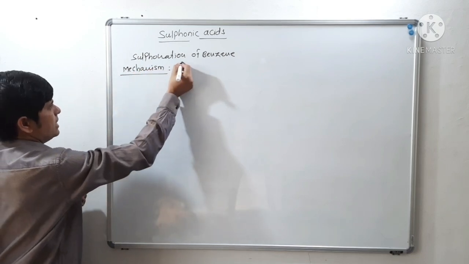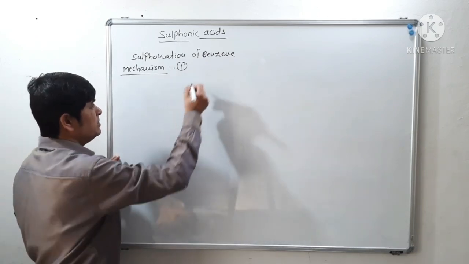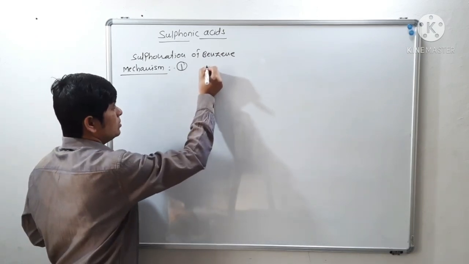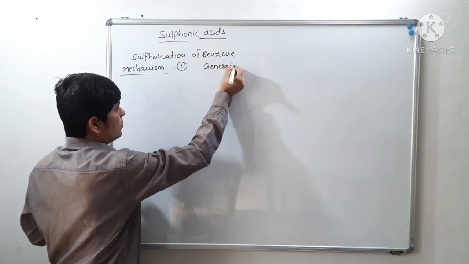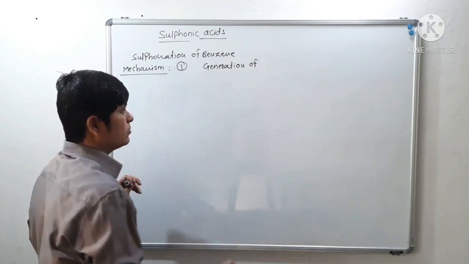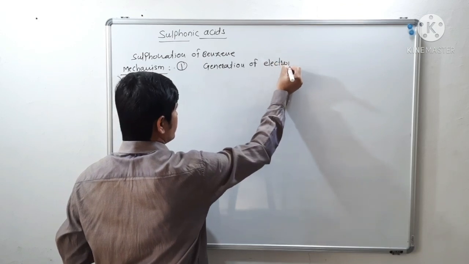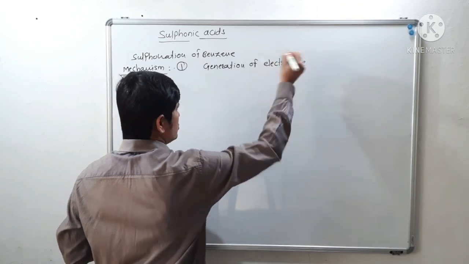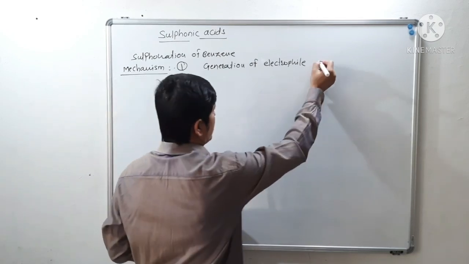The first step for sulfonation of benzene in the mechanism is generation of electrophile. Which is the electrophile in the sulfonation reaction? Sulfur trioxide.